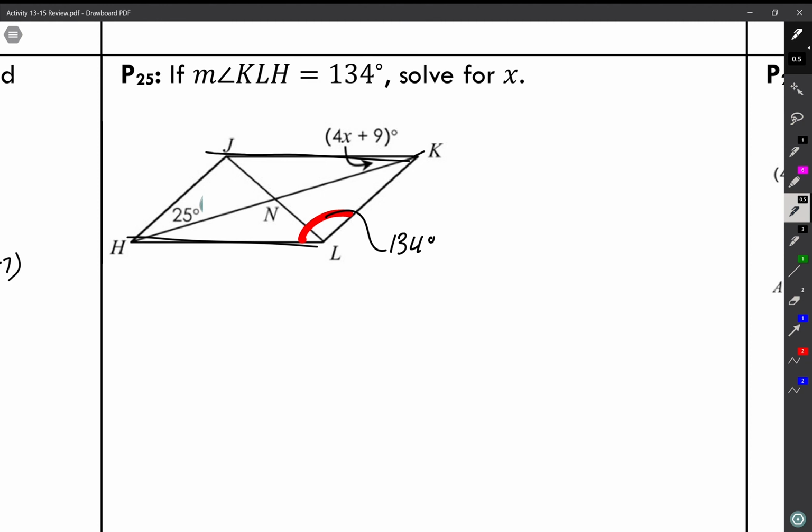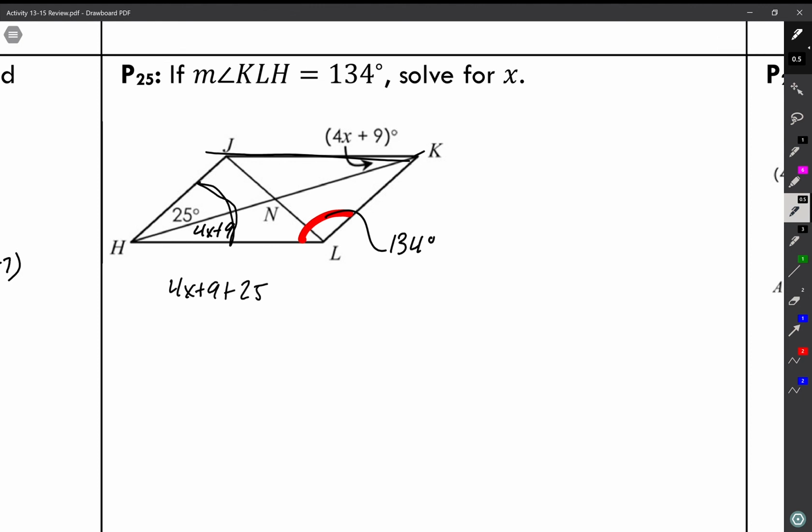So this is 4x plus 9, and this is also 4x plus 9. Then I know that these two angles together add up to this angle right here, so this angle H is 4x plus 9 plus 25.